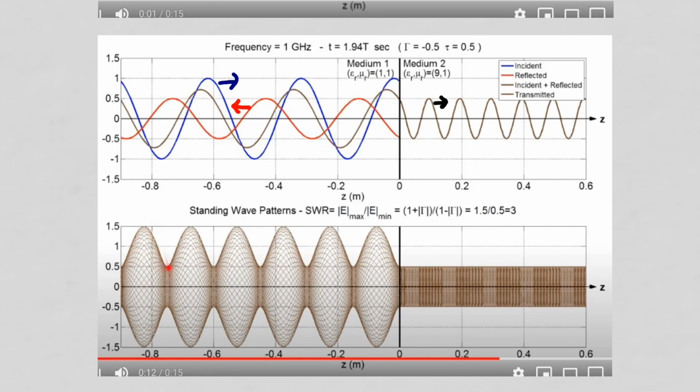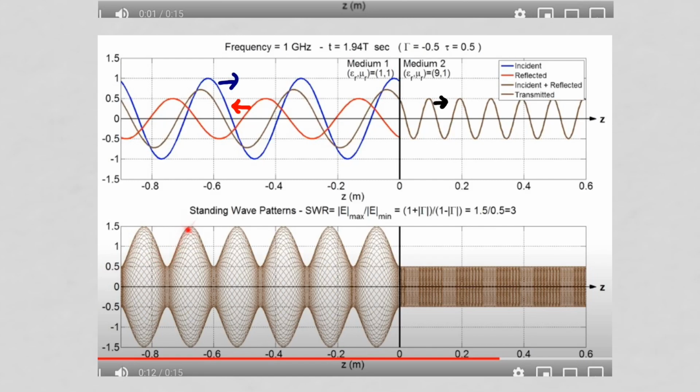In material 1, the amplitude of that oscillation will vary with position. So for instance, at this point, the electric field intensity will oscillate between 1.5 and minus 1.5. At this point, between 0.5 and minus 0.5. So go to any location, and this dot signifies what the electric field intensity oscillation will be.